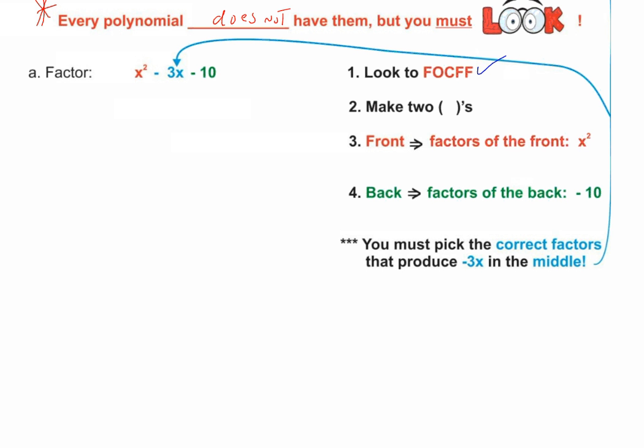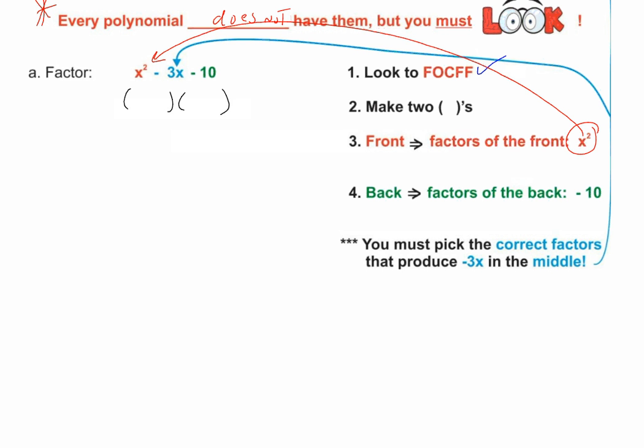Agreed? Okay. So the next step is, and I'm doing it in black, you make two parentheses. So you come underneath and you make two parentheses. Don't make them little. We need to stick two binomials in there. All right, the front of your binomials have to be two things that multiply to the front term. So number 3, the front are factors of the front. Our front is x squared, right?